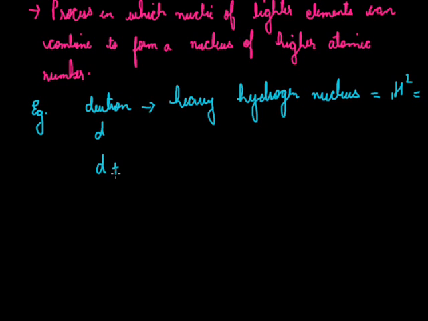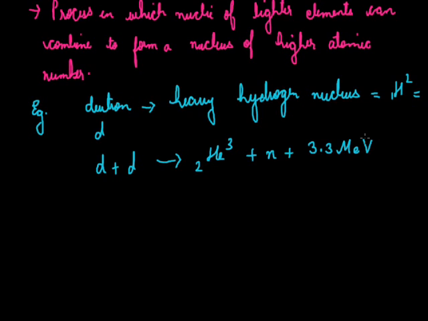The reaction is carried out when two atoms of deuterium combine together, forming helium accompanied with a neutron with 3.3 MeV of energy. The stated reaction represents how nuclear fusion occurs.